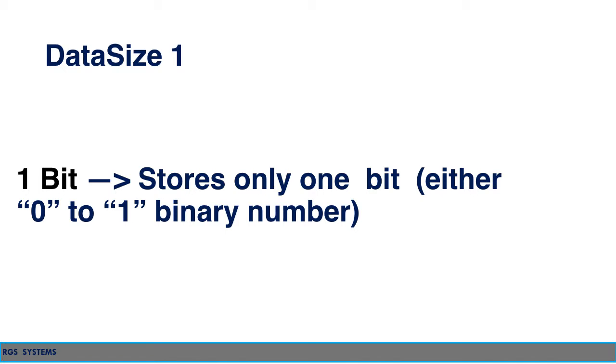We will not go in depth about how this bit is stored in the actual circuits, like the p-n junction diode, forming a transistor NPN and PNP, and then a flip-flop to store the bit, like RS and JK and so on. We will not go into that much detail.